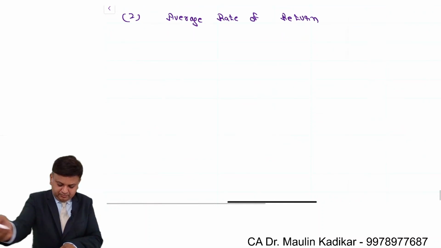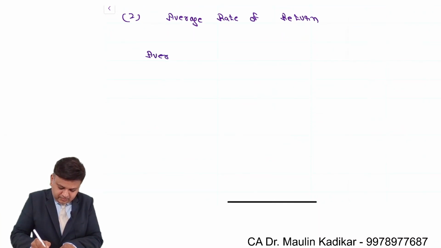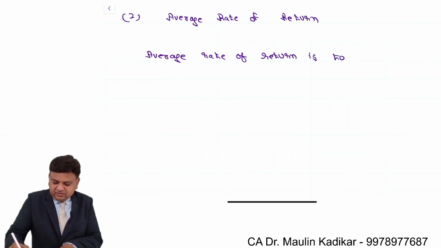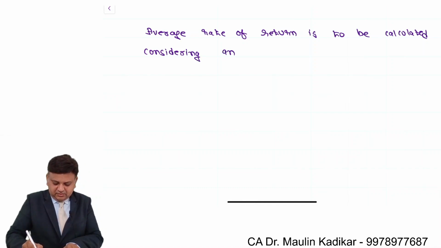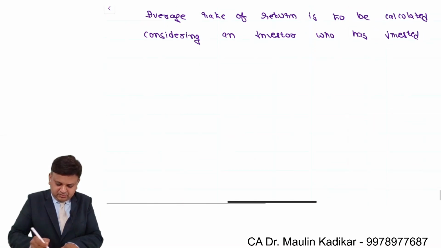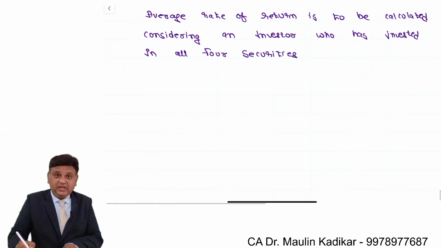In the breakdown, average rate of return is to be calculated considering an investor who has invested in all 4 securities in equal proportion.